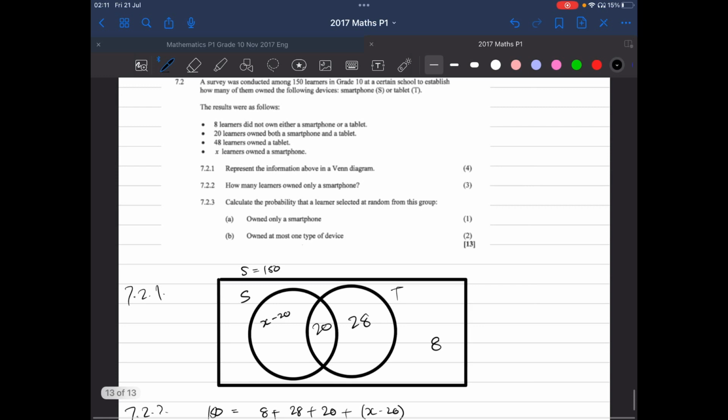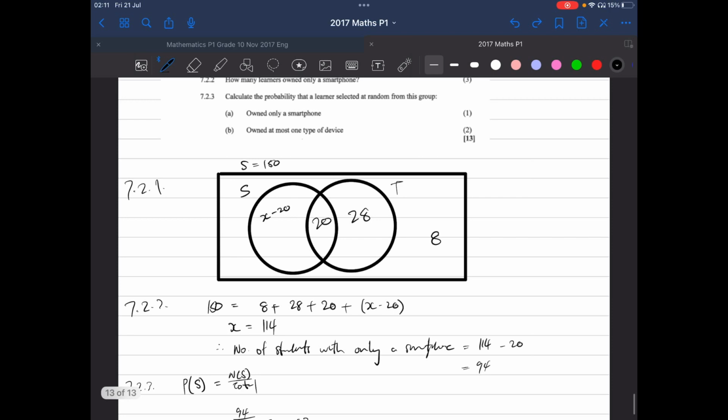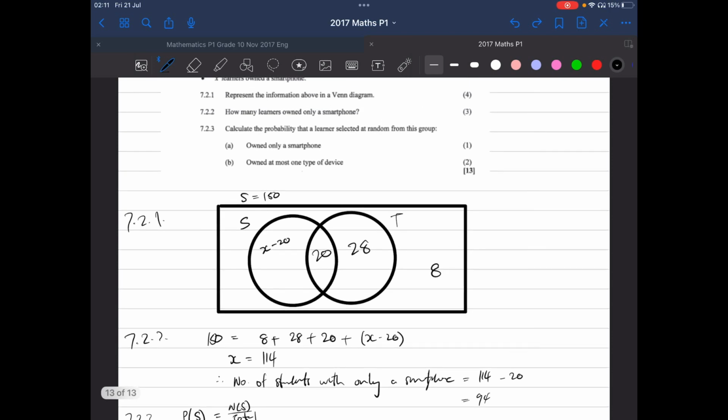The next one says calculate the probability that a learner selected at random from this group owned at most one type of device.